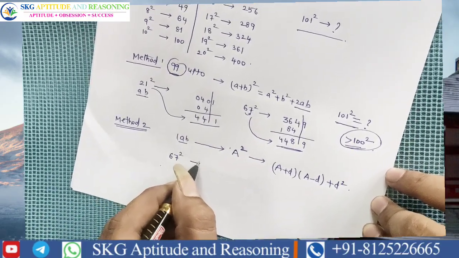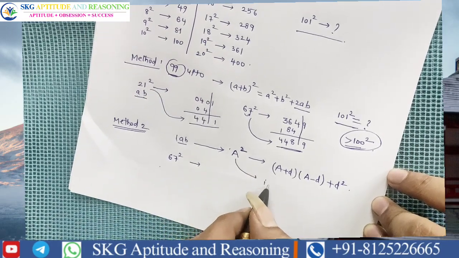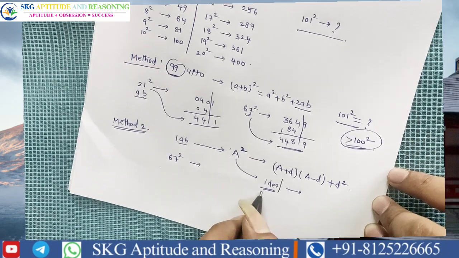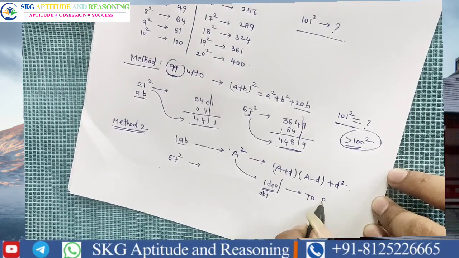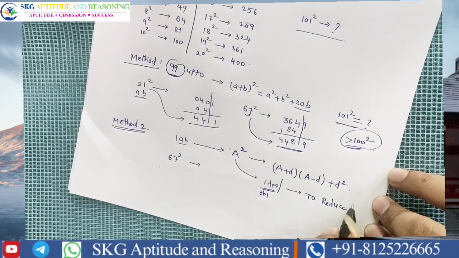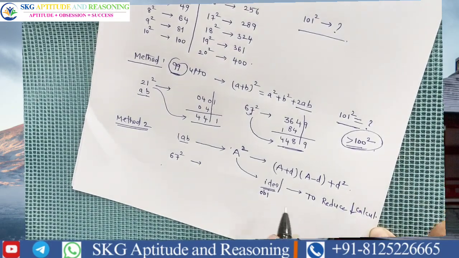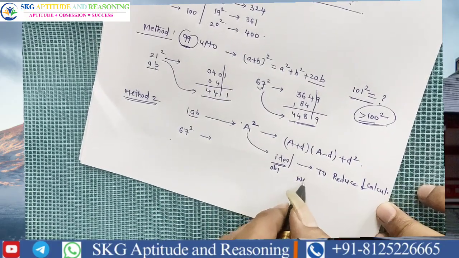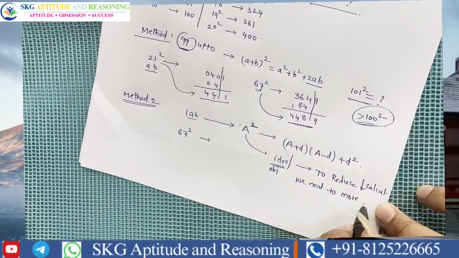Let us try to find 67 square here. The main objective of this method is to reduce the calculation, we need to get more number of zeros.